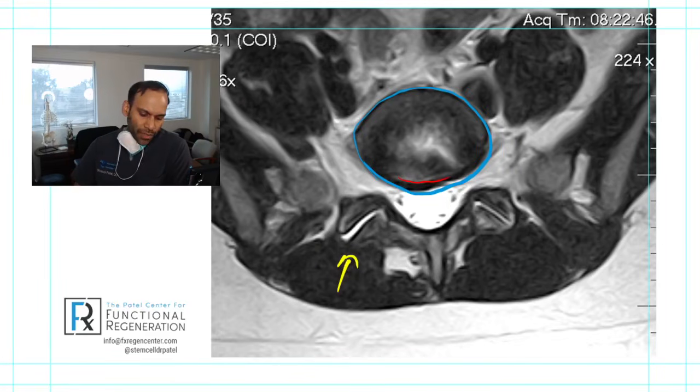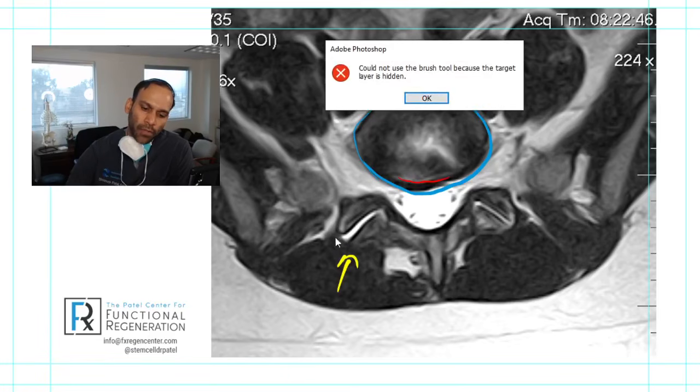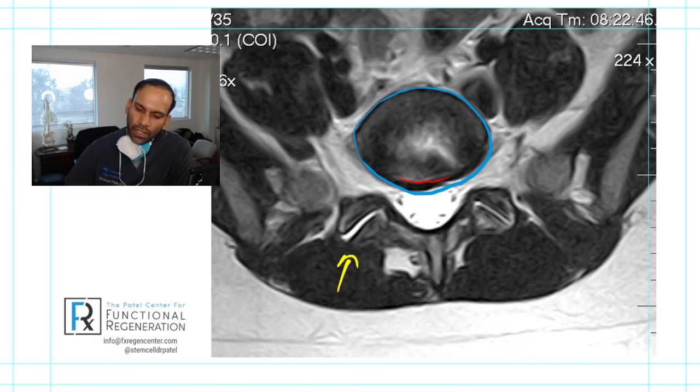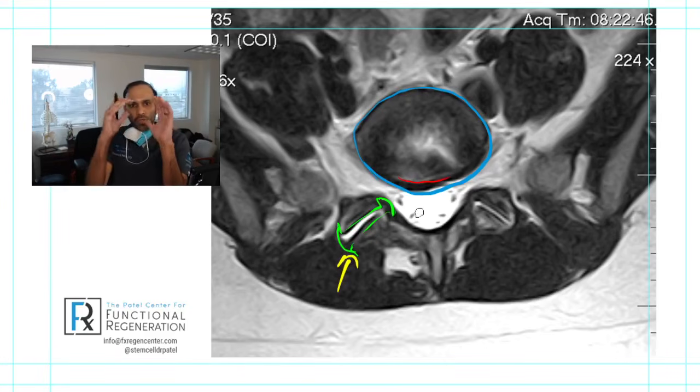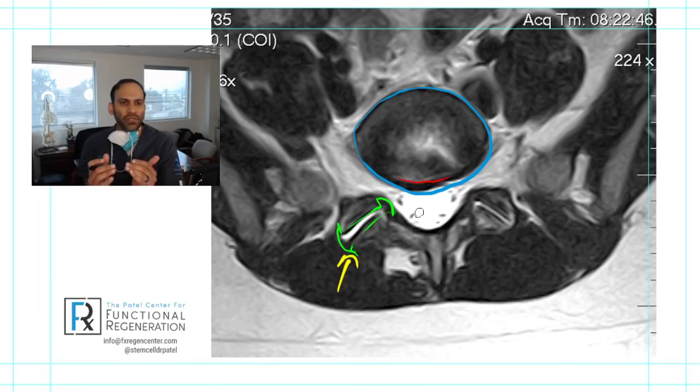A joint capsule is a kind of ligament-like structure that surrounds the joint. So imagine it as a balloon that essentially surrounds the joint and keeps all the fluid inside. And that balloon sits there, and that can get injured in various specific situations, right?